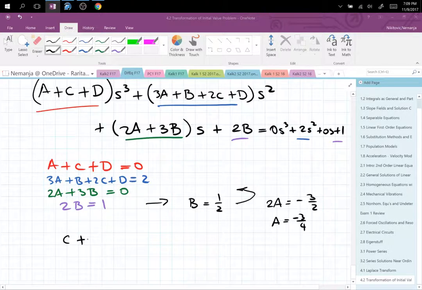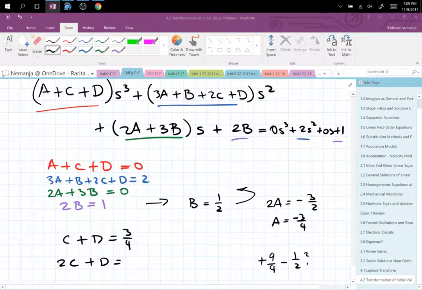So c plus d is 3/4. I have 2c plus d is equal to, and now a and b together. So I have positive 9/4 on the right hand side, and then b was positive, so minus a half.